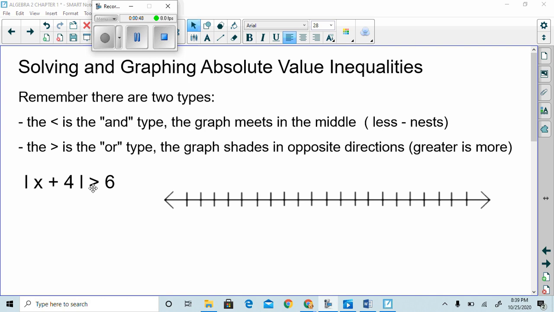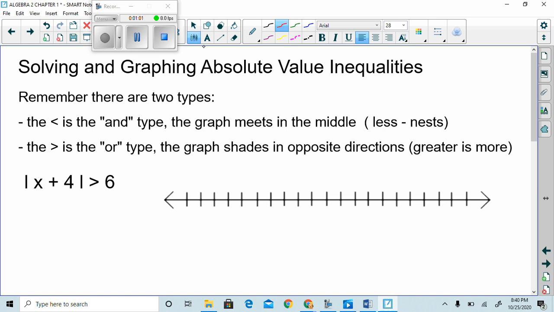When I see a greater than symbol, greater tells me it's an or. First, I'm going to solve it before I graph it. I'm going to start with the absolute value of x plus 4 is greater than 6.